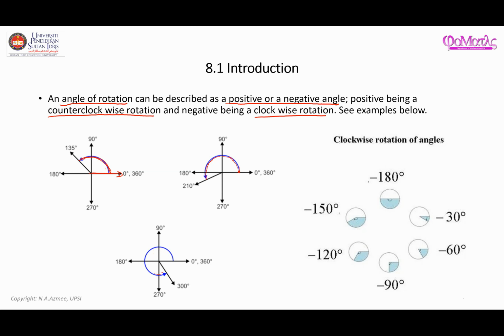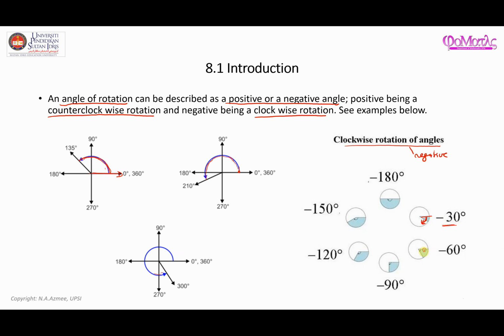Now, this is an example of clockwise rotation of angles. This is also known as negative angles. It starts from this line going downwards here. So this is negative 30 degrees.